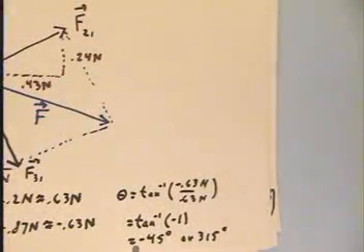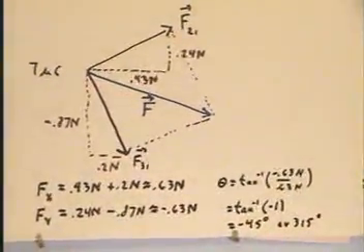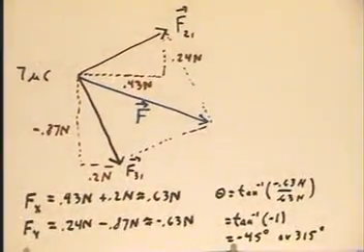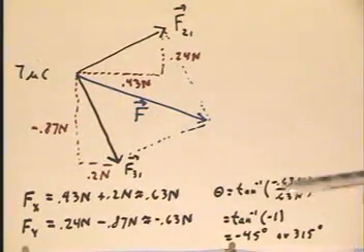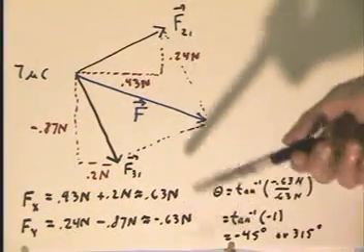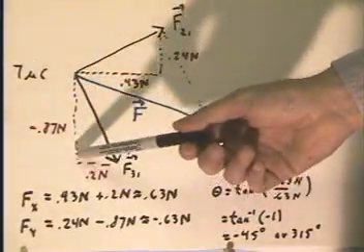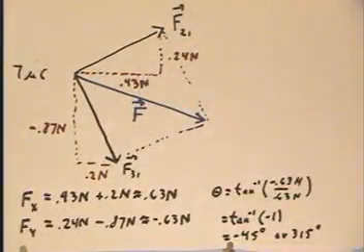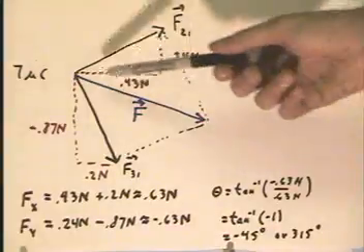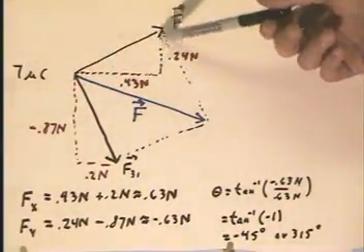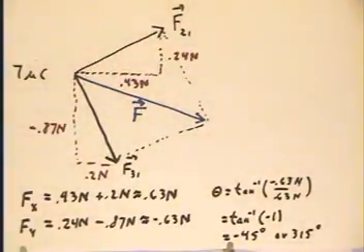Having obtained these results, it's easy to put the vectors together. We have F31 with its components, 0.2 newtons and negative 0.87 newtons, and F21 with its components, 0.43 newtons and 0.24 newtons.